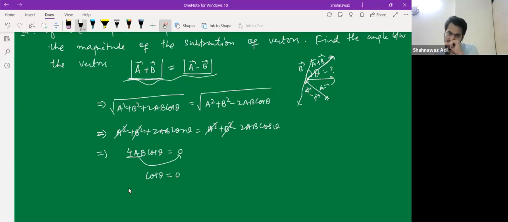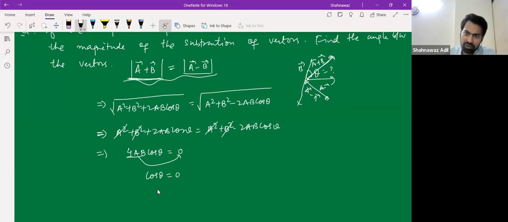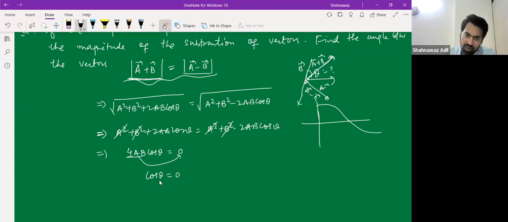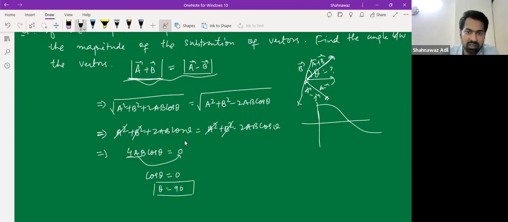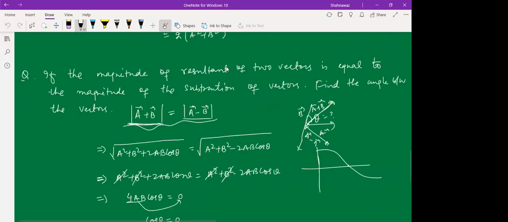For what angle theta is cos theta 0? Cos is decreasing from 1. Cos 90 is 0. So theta is 90. The angle between the vectors is 90 degrees. Understood? Okay, so just note down this part.